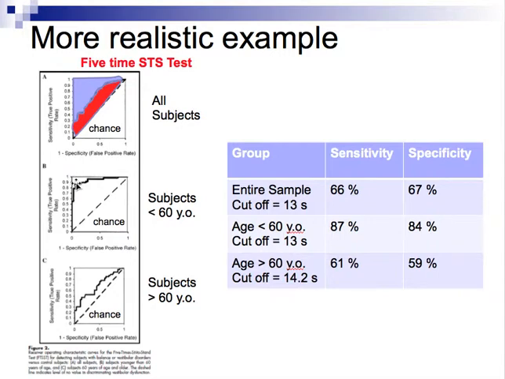They're looking for this kind of corner point. In terms of the entire group, the specificity and sensitivity values are pretty low. But for the people under 60, using a 13-second cutoff, it really gave pretty high sensitivity and specificity values. And then again, for people over 60, it wasn't so good.